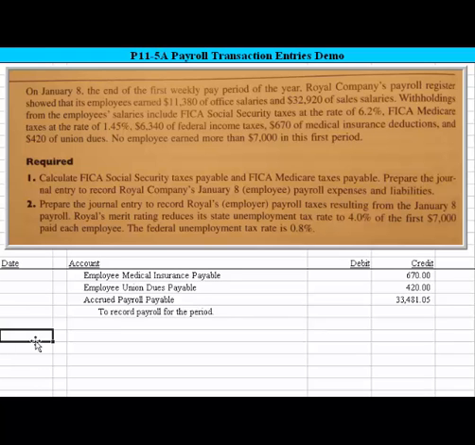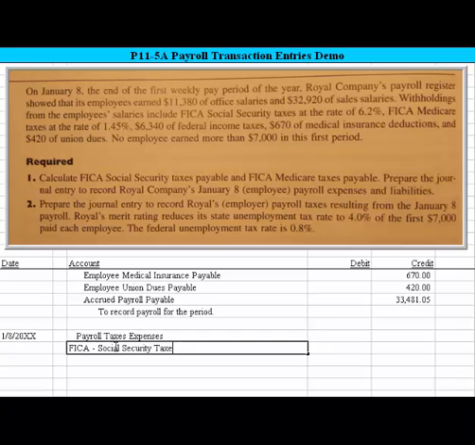So again, our entry is going to be that January 8th of whatever year it happens to be. And we need to record the employer's payroll taxes expense. And normally these are lumped in one account. They aren't really separated for the purpose, though I have seen some companies that did break these into 2 accounts. Let's tackle the FICA on the Social Security.